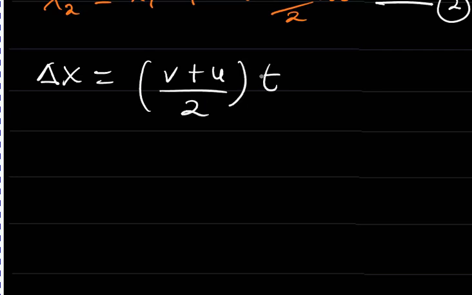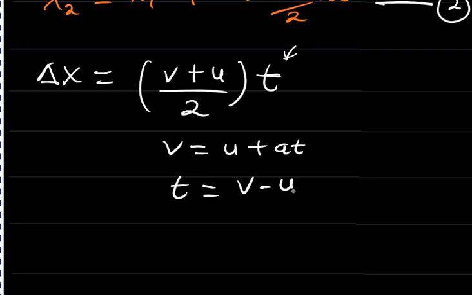So this time around, we are going to substitute the expression for t. From the first equation, we know that v is equal to u plus at. So if I make t the subject, t is going to be equal to v minus u all over a. So that's exactly what I'm going to do. I'm going to substitute this into this expression.